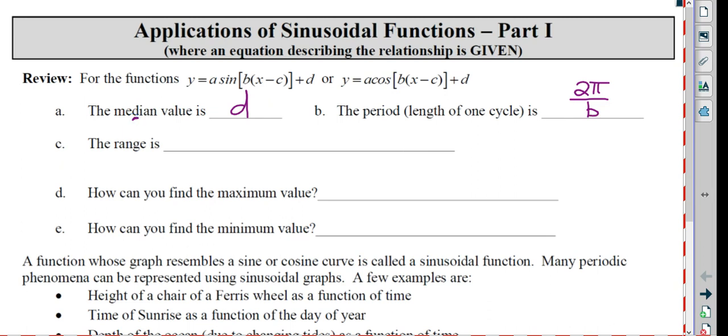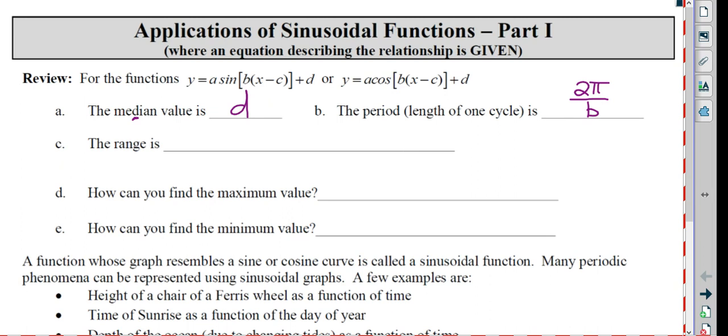What's the range? The range would be the low value. What's the low value? D minus A, right? So from the midline.